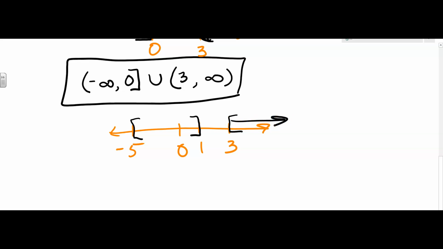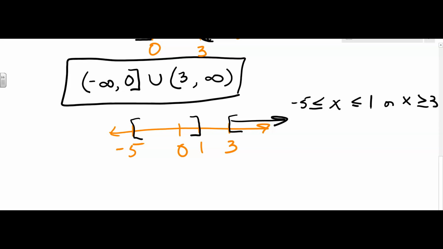In inequality notation, you would say x is between negative 5 and 1, including both negative 5 and 1, or x is greater than or equal to 3.